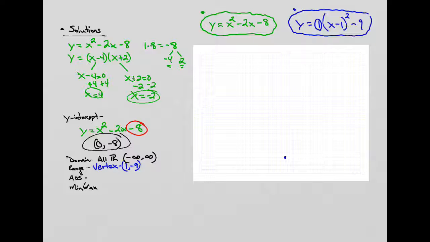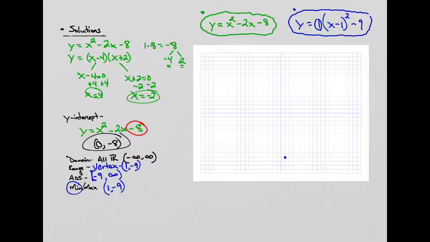That means that I'm going to start at a negative 9 in my y's and go to a positive infinity all the way through. That value also, because it's going to start there and go upwards, is going to be considered a minimum value, and the minimum value is my vertex, so it's going to be at 1, negative 9.